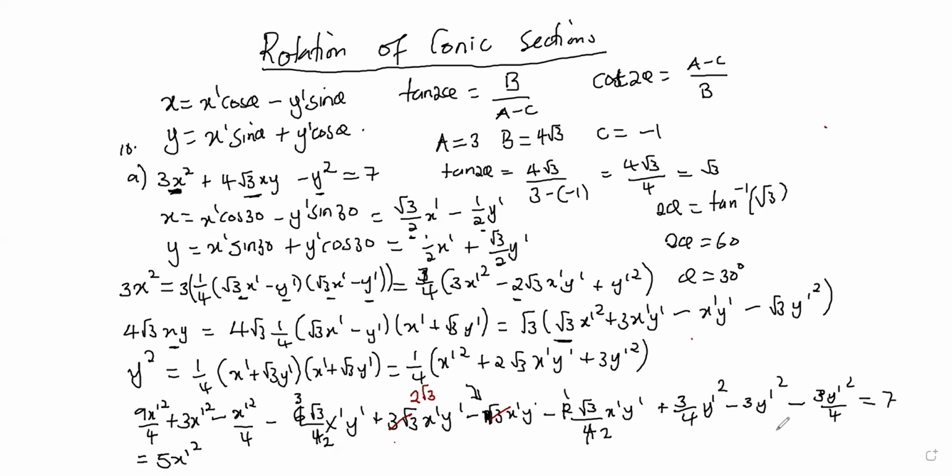So we have 4 down. So 3. Okay, so these are just canceling each other. This one and that one, is it? So meaning that we're going to have minus 3 y prime squared is equal to 7.